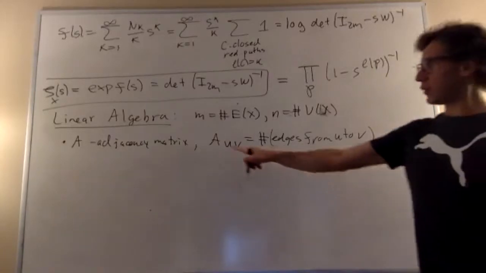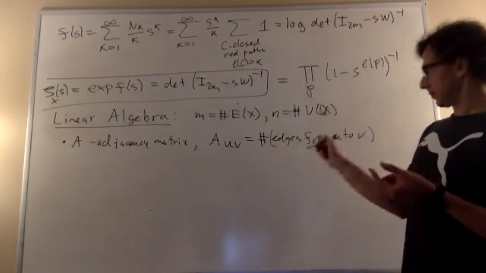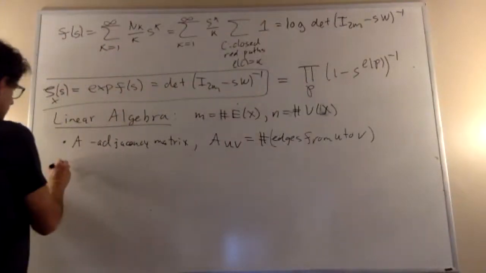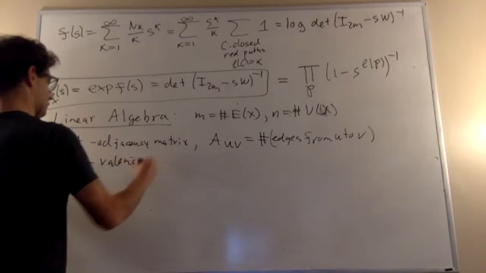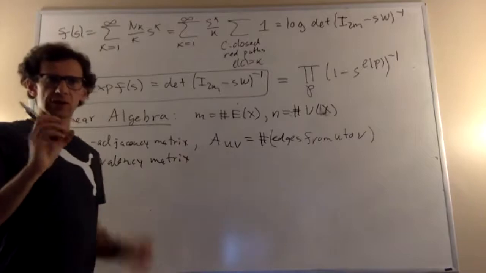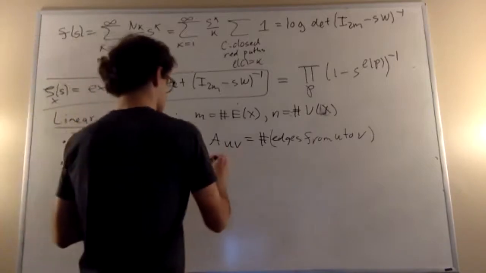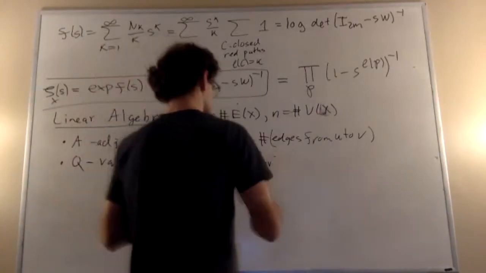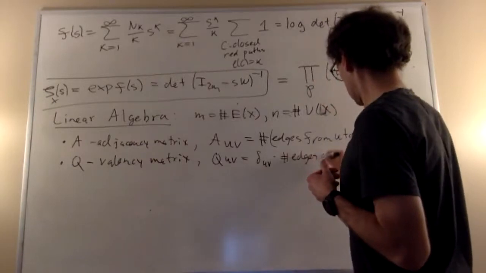If U equals V and there's a loop, every loop is going to count twice. So that's the adjacency matrix. And Q is going to be what's called the valency matrix. This is a diagonal matrix whose diagonal entries are just the number of edges incoming at every vertex. So Q_UV is delta_UV times the number of edges at U.